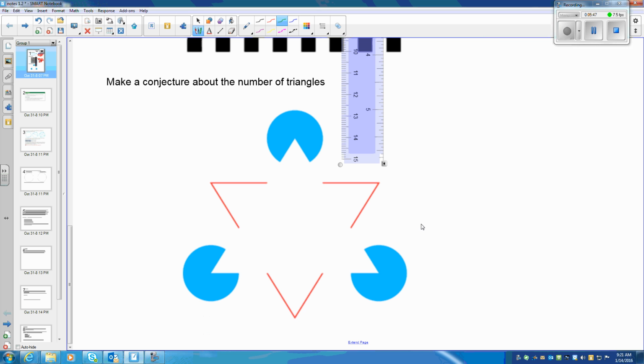Okay, what about the number of triangles here? How many triangles are in this shape? Morgan says 2. Okay, so Miss Kelly, how did you get 8?